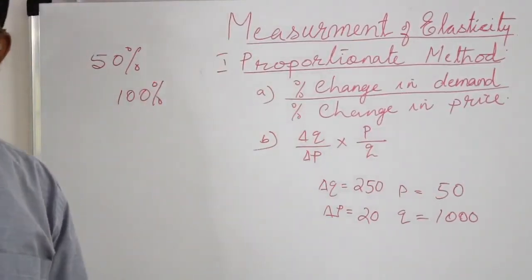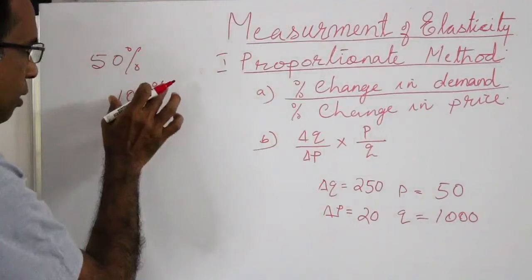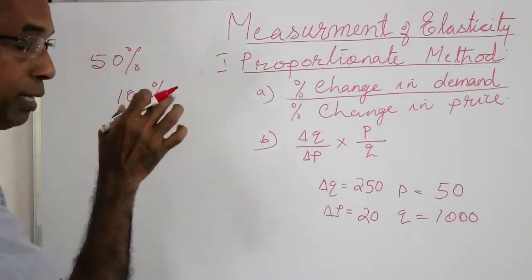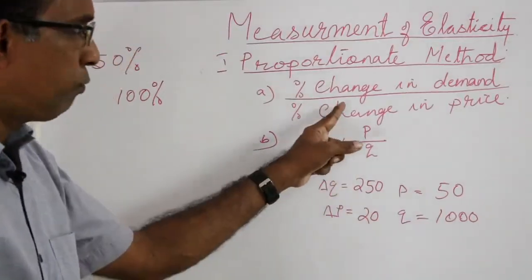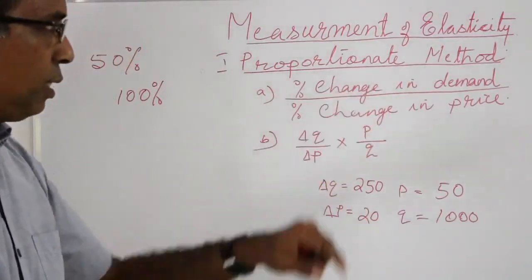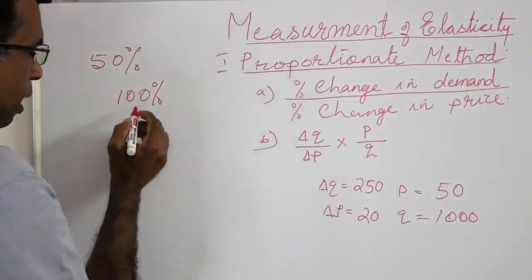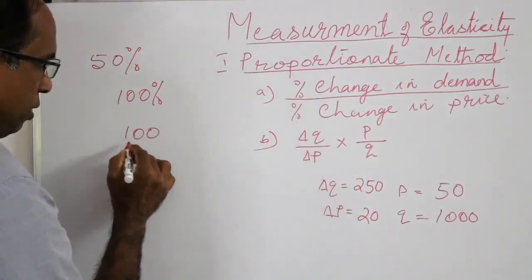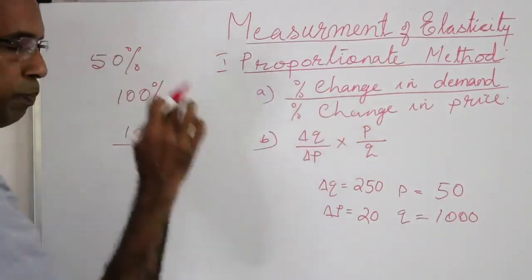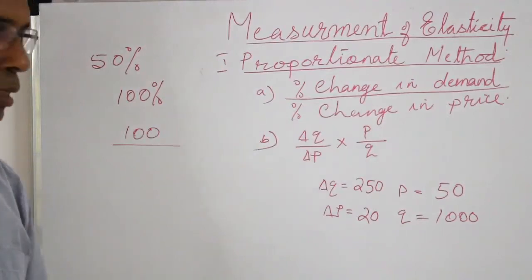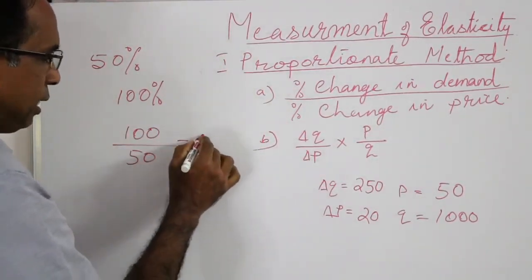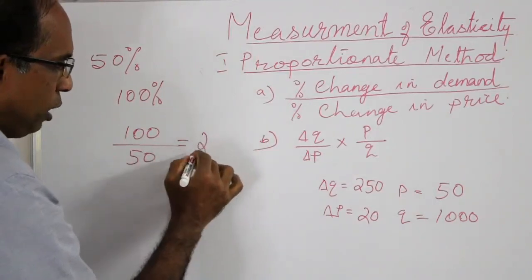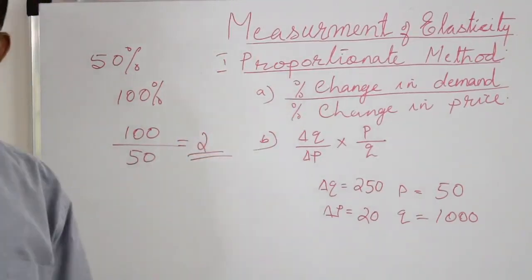No, because the change in price is given in percentage terms. So we can apply this formula. What is change in demand? Change in demand is 100. What is change in price? 50% is change in price. So we get elasticity 2. Elasticity is equal to 2.